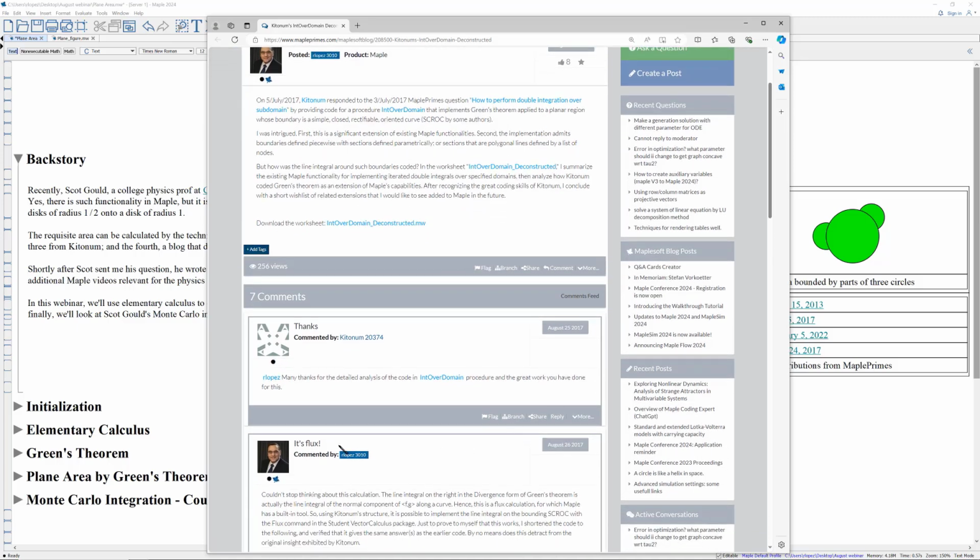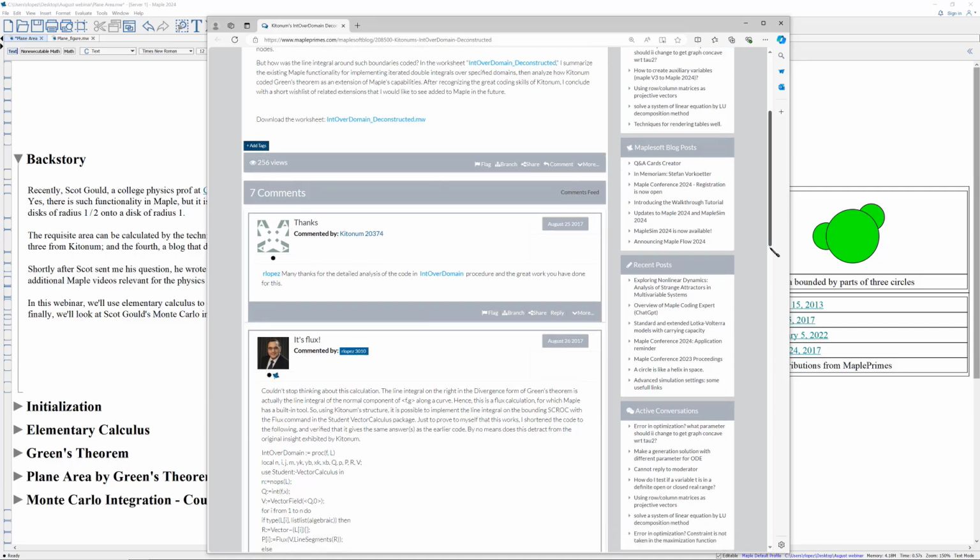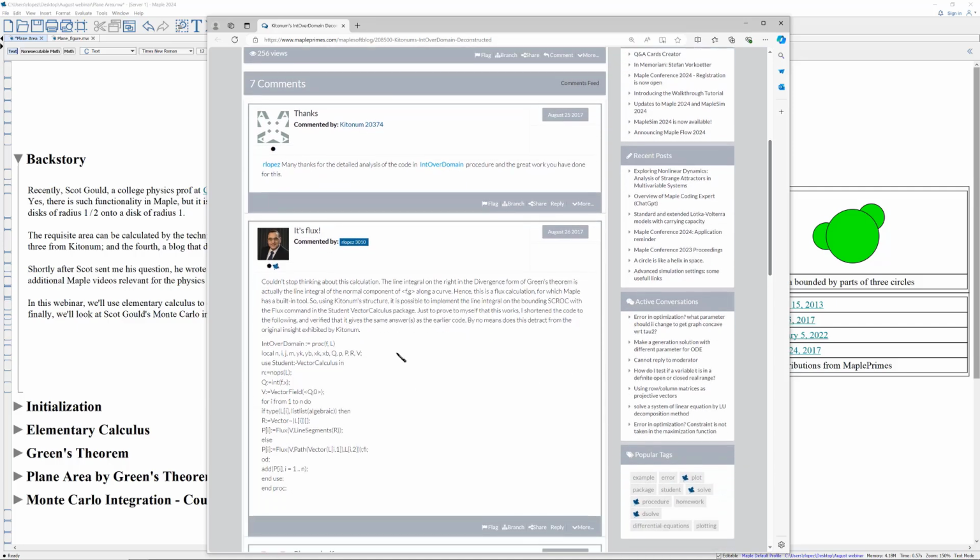And when I realized he's computing flux, because that's what Green's theorem says to do, I replaced his area calculation with calls to the vector calculus flux command, either for line segments or for parametrized curve sections.